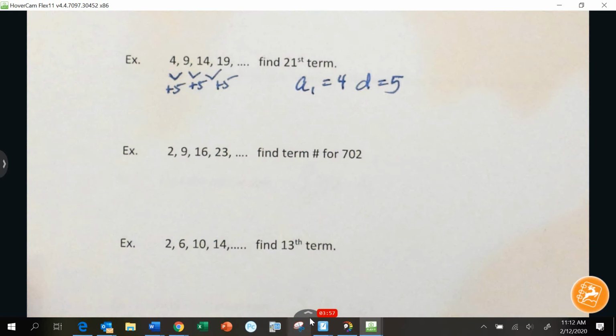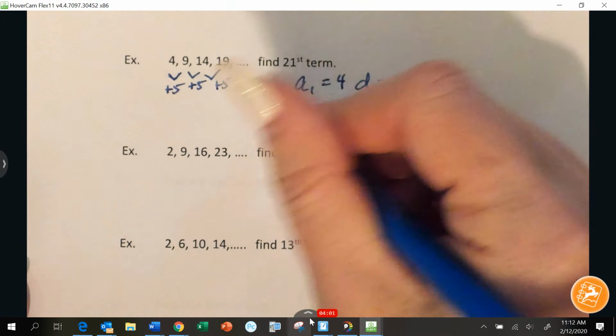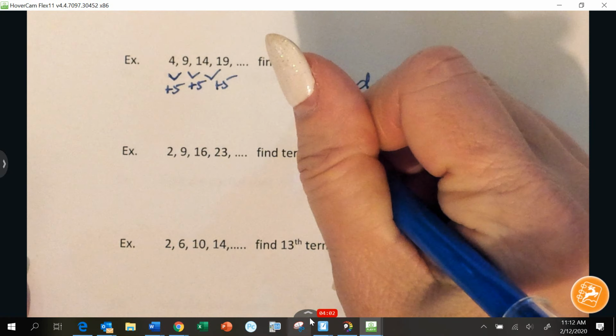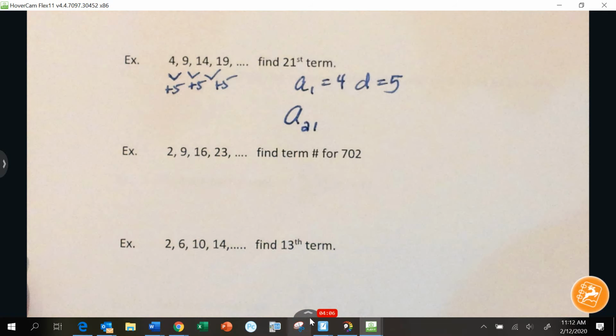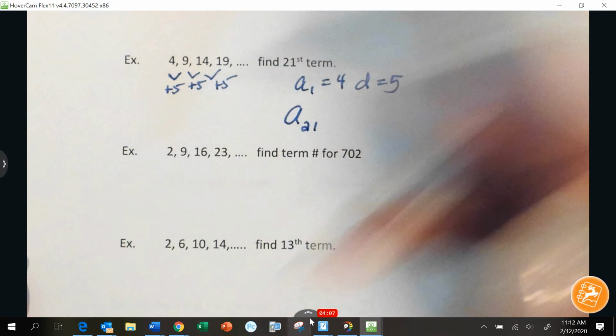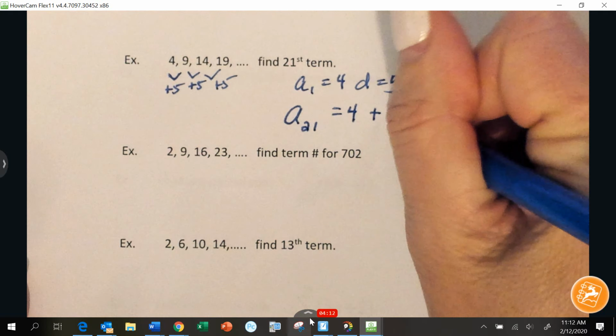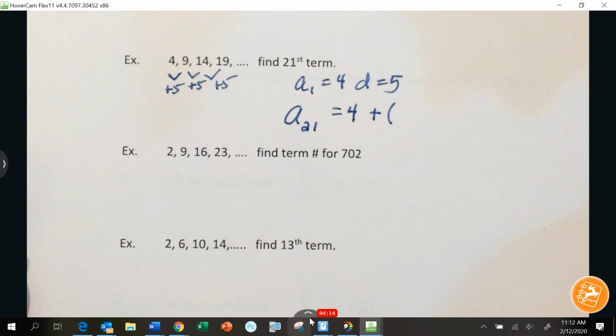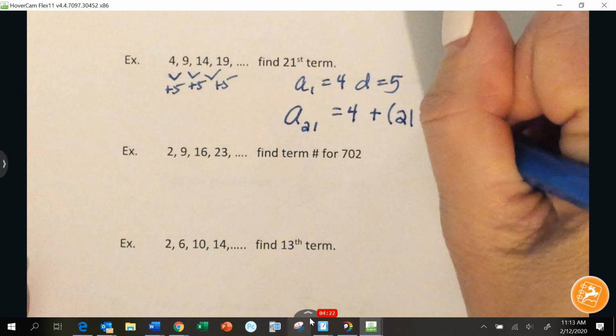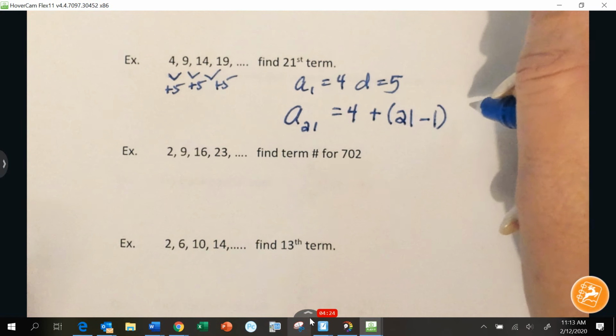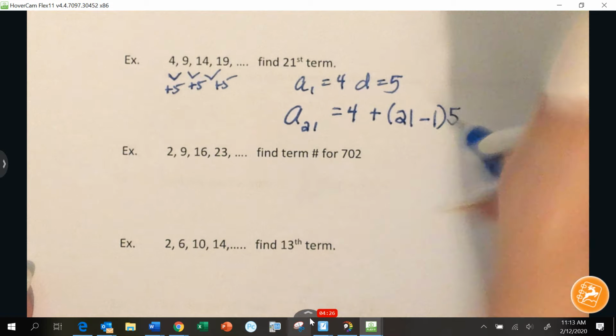What are we trying to find? The 21st term. So we're going to use this formula. It says a sub n. So since I want to find the 21st term, I'm going to put a1, my first term, 4, plus parenthesis, I'm looking for the 21st term, so I'm going to put 21 in for n, minus 1, multiplied by the common difference, 5.